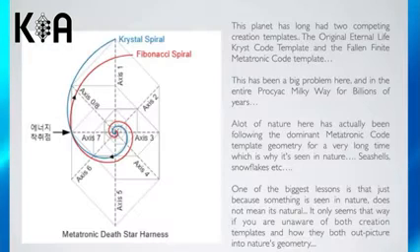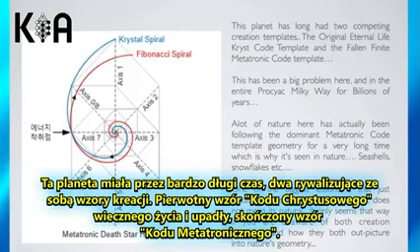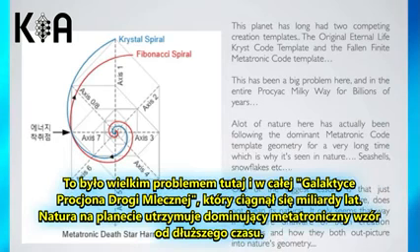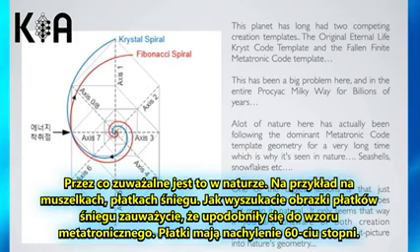So this planet has long had two competing creation templates: the original Eternal Life crystal code template and the fallen finite Metatronic code template. This has been a big problem here and in the entire Procyon Milky Way galaxy for billions of years. A lot of nature here has actually been following the dominant Metatronic code template geometry for a very long time, which is why you can see it in nature in things like seashells and snowflakes.